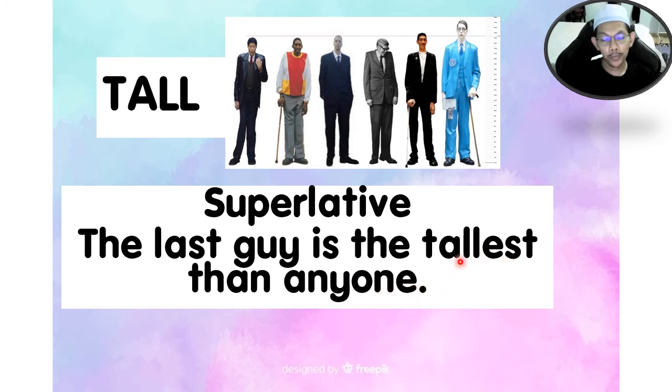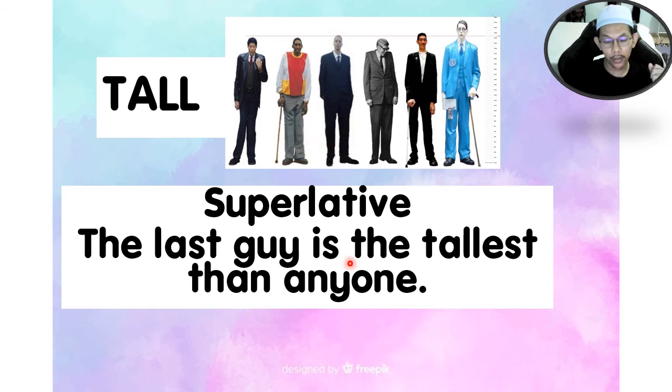For superlative, we use est and the word the, because we are comparing between three or more nouns, three or more persons in this picture. So always remember, comparative is between two nouns and superlative is between three or more nouns.